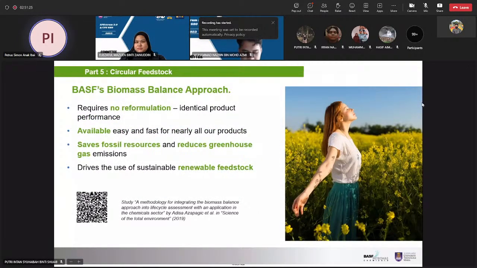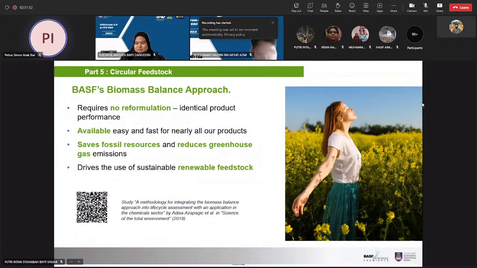The BSF biomass balance approach requires no reformulation because it is technically an identical product with identical product performance. It is also easily and quickly available for nearly all our products. And of course, it saves fossil fuels and also reduces greenhouse gas emissions.